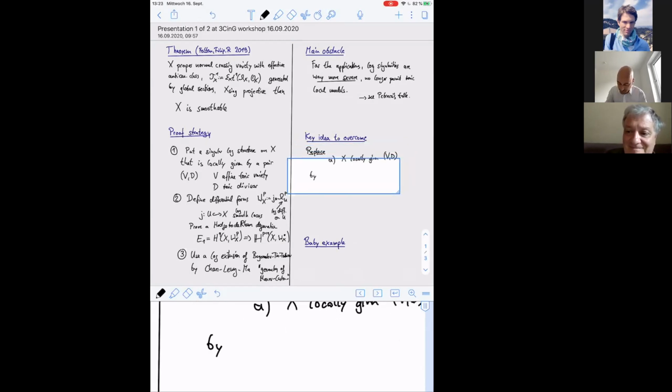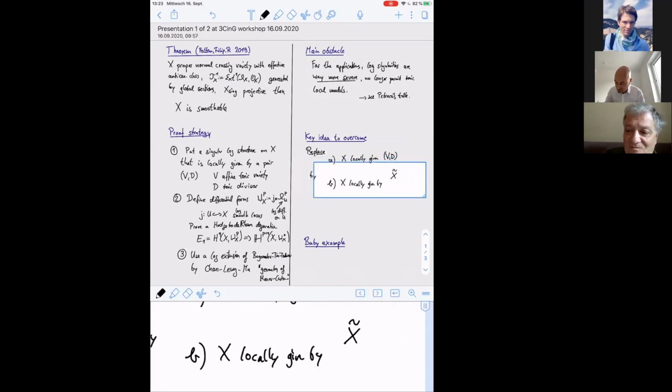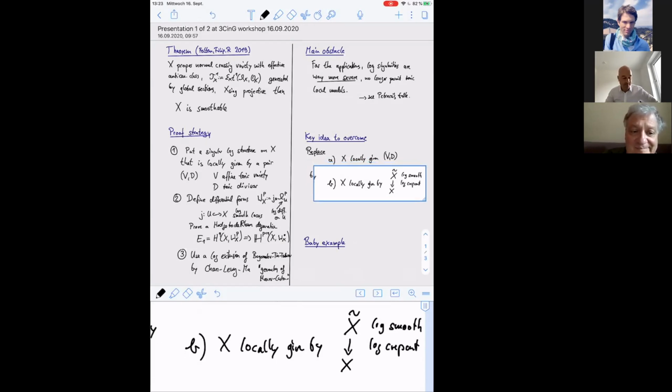But now we have something else that we can use, and we use that a lot. So X instead is locally, again with the local statements, not given by, but it permits a local log smooth resolution. This is log smooth and log rapid. That's something we assume to have.